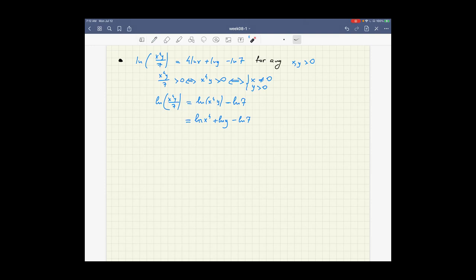But now, when I put the 4 down, I won't require that x be positive. I will allow x to be negative, but I need to write the absolute value of x. So there will be 4 times ln absolute value of x.